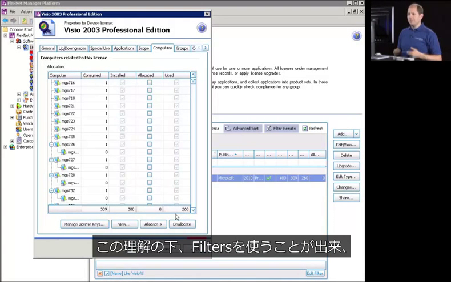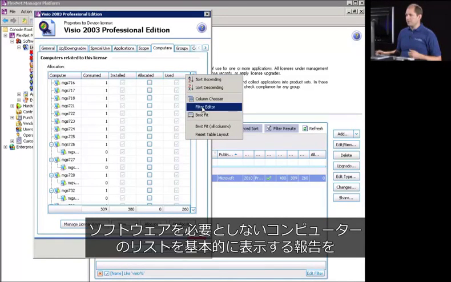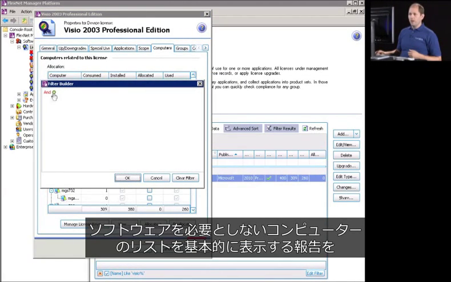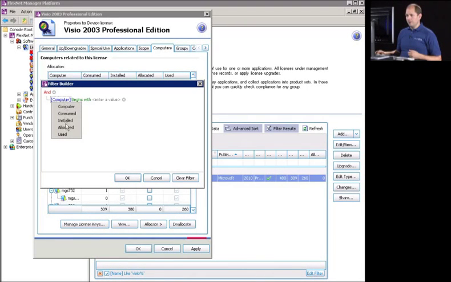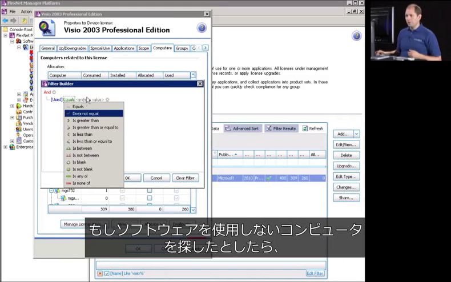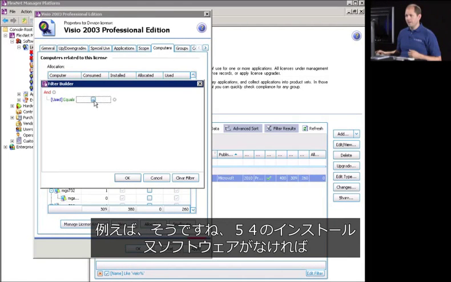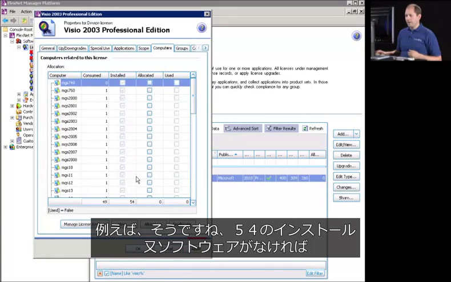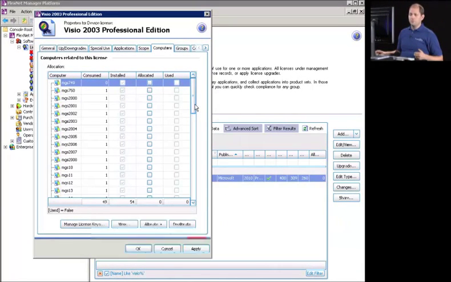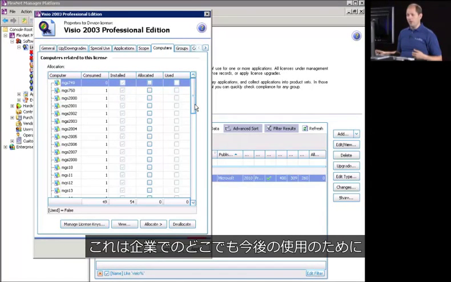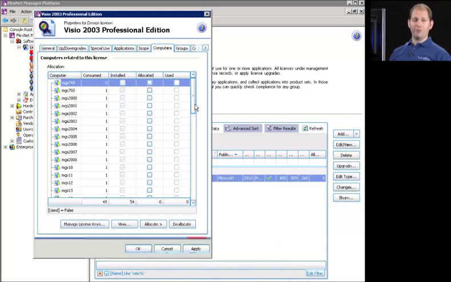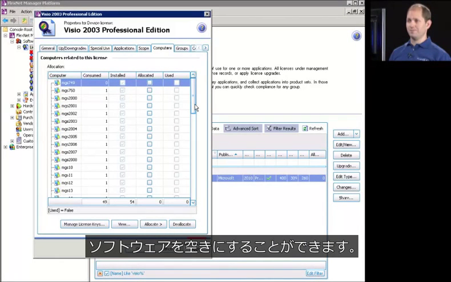So with all of this understanding, we can then use filters and make reports that will basically show a list of computers that don't need the software. So if I go and look for computers which don't use the software, I can find 54 installations or 49 consumed licenses that wouldn't need to be consumed if we didn't have the software there. And that could free up the software for further use elsewhere in the organization.